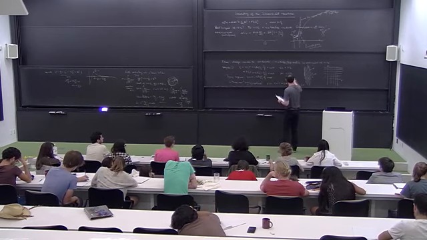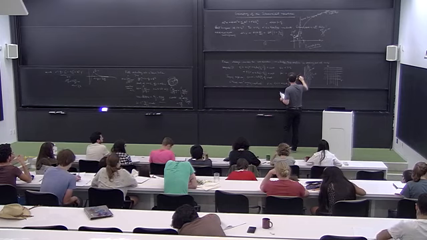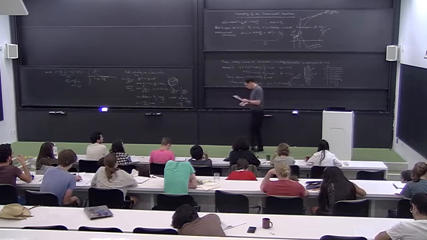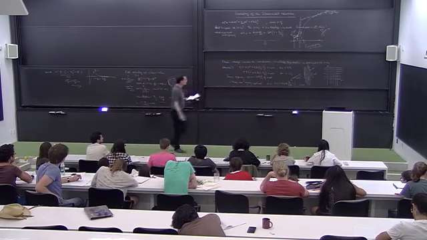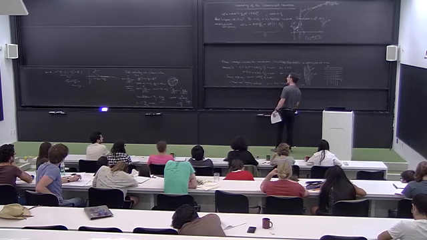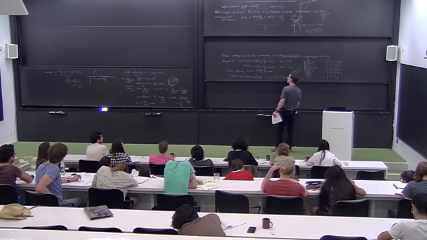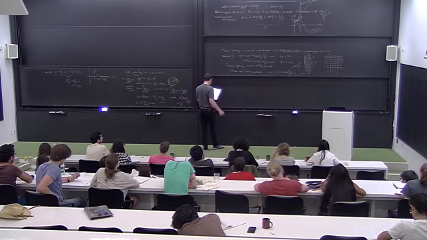So this is singular at r equals rs. But we're going to have to do that to fix the problem in the metric. Now, if we do that, then for r bigger than rs, there's no problem at all. It's a perfectly good coordinate transformation for r bigger than rs.